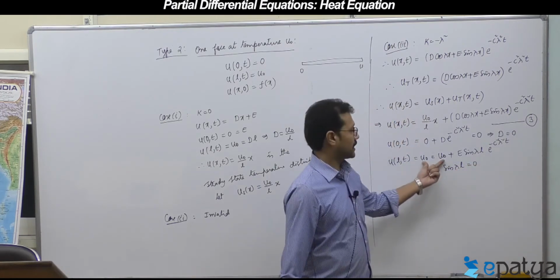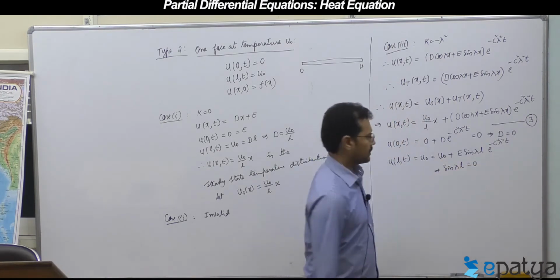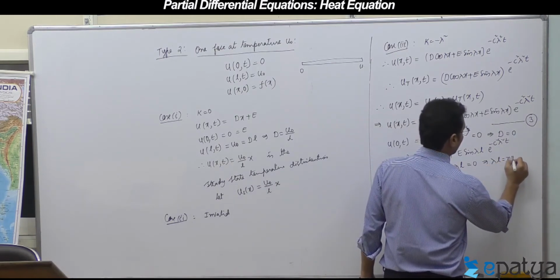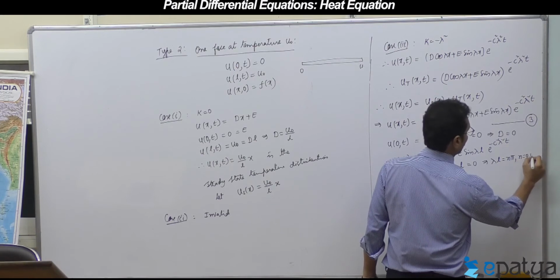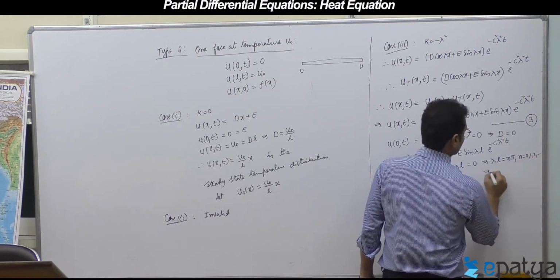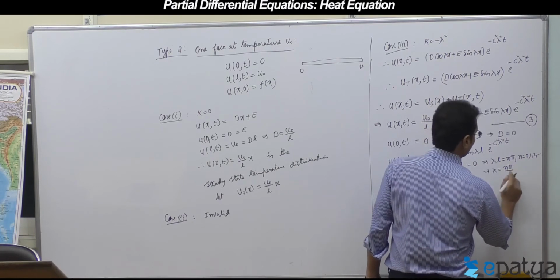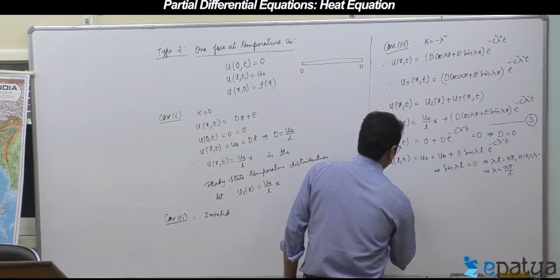U naught cancels. This gives lambda L equal to n pi, n running from 0, 1, 2, and so on. This gives lambda equal to n pi by L.